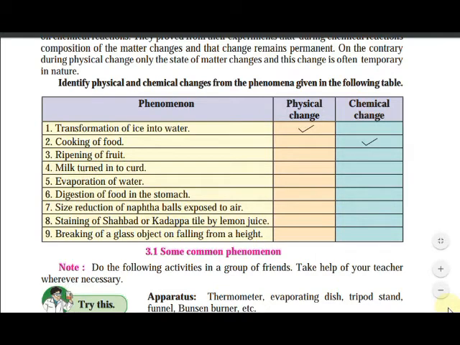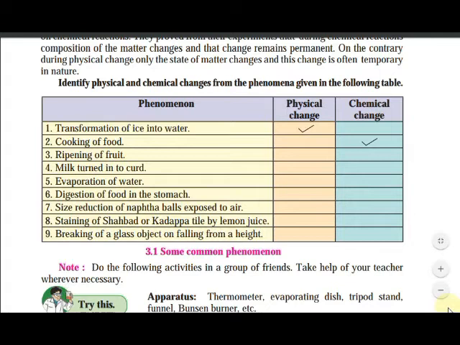Physical change or chemical change? Once it is digested, we don't get back the chapati or rice. Yes or no? So once it has digested, nutrients are formed. It is turned into simple nutrients. Yes or no? So chemical change is seen there.